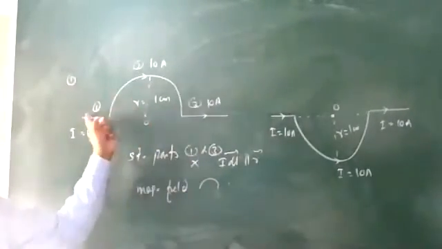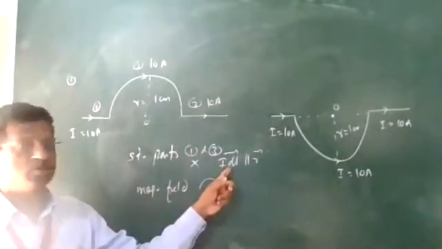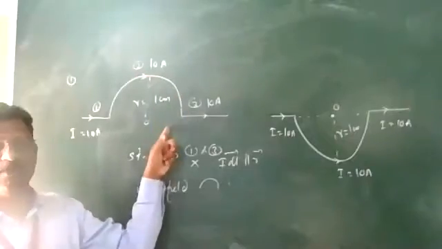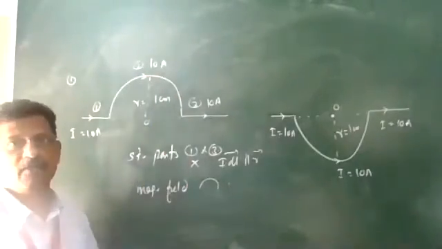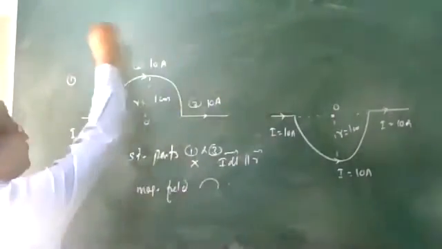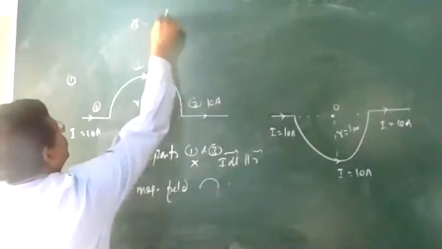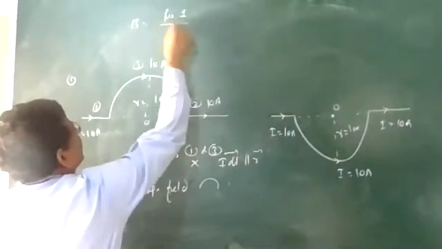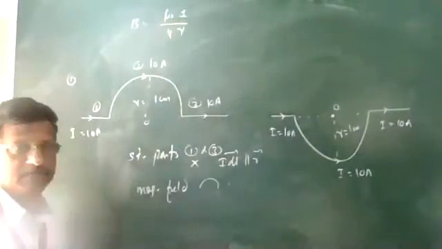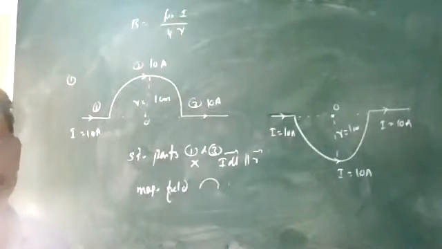Okay. So the straight part will not contribute anything to the magnetic field; only the curved portion does. It is a semicircle. What is the magnetic field at the center by the semicircle? B equal to mu naught I divided by 4R. Calculate the value. Do the calculation first.